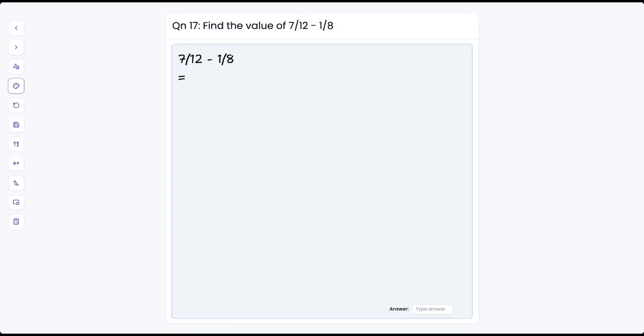Okay, so 12 and 8 lowest common multiple should be 24. So out of 24 minus out of 24. In this case, 1 over 8 is 3 out of 24, while this is 14 out of 24. And 14 minus 3 will be 11 out of 24. Okay, that's it. There you go. All right, let's move on to the next question.